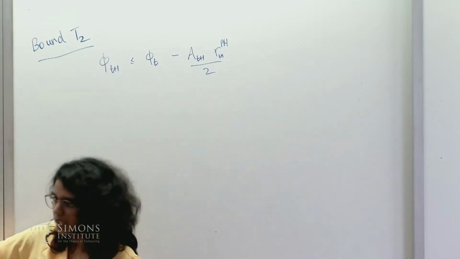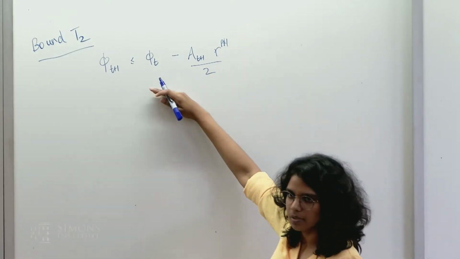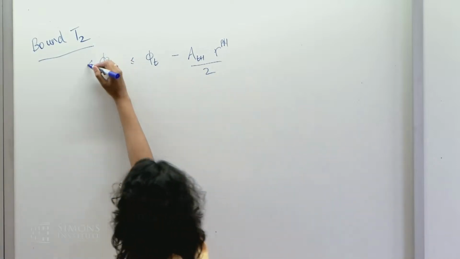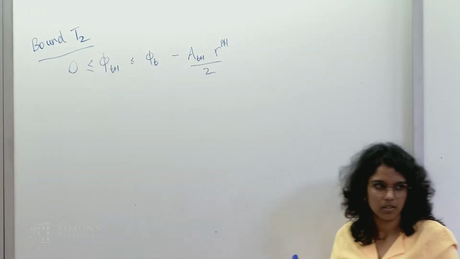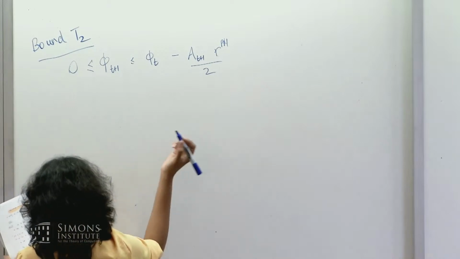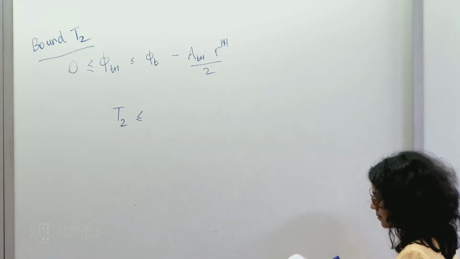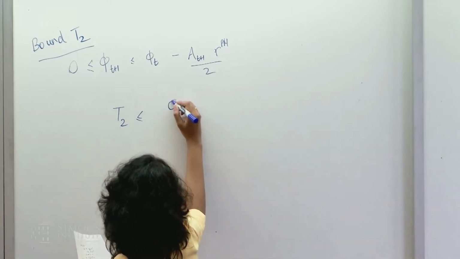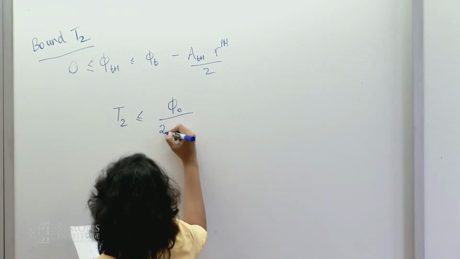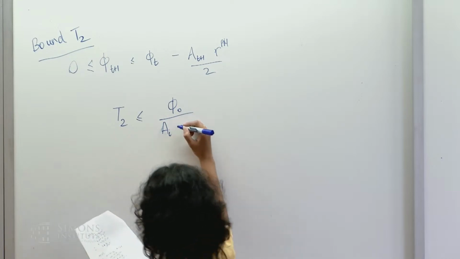And now let's say R_{t+1} is at least R. So you can get this, and we basically have that this is at least 0. And if you want to bound the number of such possible steps, you would basically get that T2 is at most phi_0 divided by the sum of A_i.